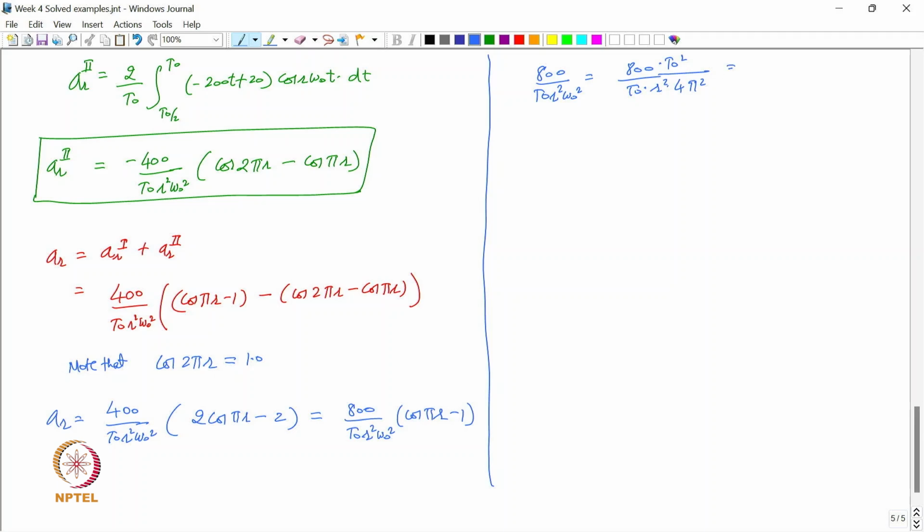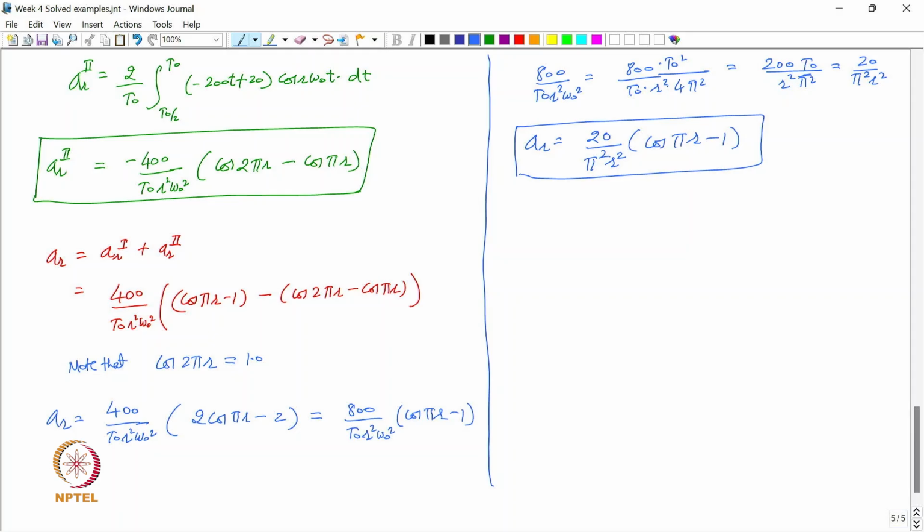So this gives me 200 T naught upon r square pi square, and because T naught is 0.1, you get this as 20 upon pi square r square. So therefore we can finally write down AR is 20 pi square r square (cos pi r minus 1). This is the result for AR, right?